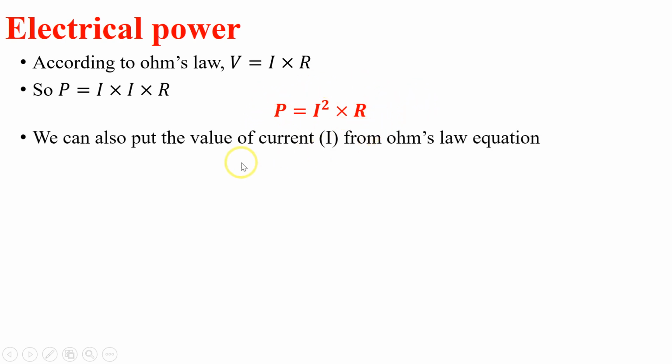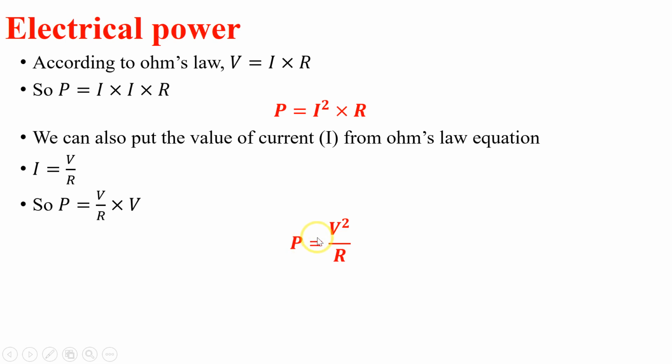In another sense, we can arrange the Ohm's law equation and put the value of current in this equation. We get the power to be V over R into V, so the power comes out to be V square over R. So we can use these three equations of power for calculation.